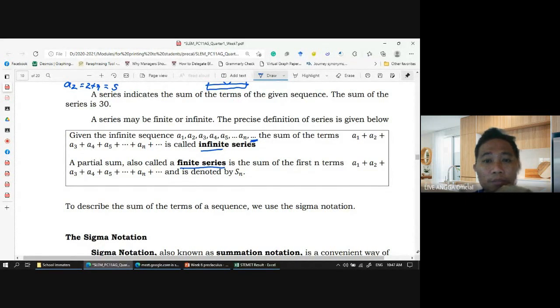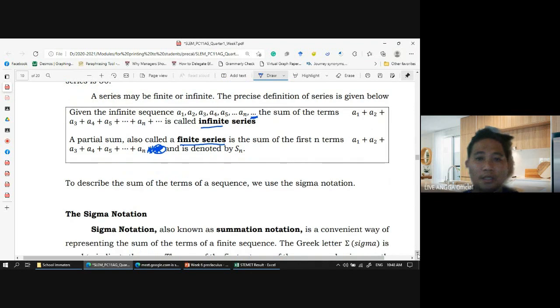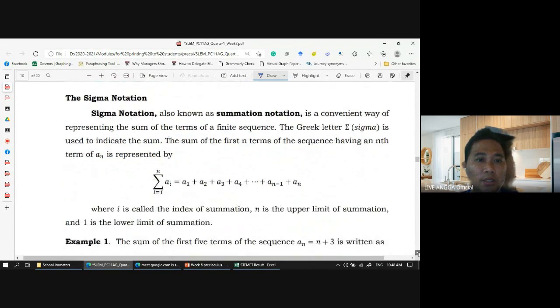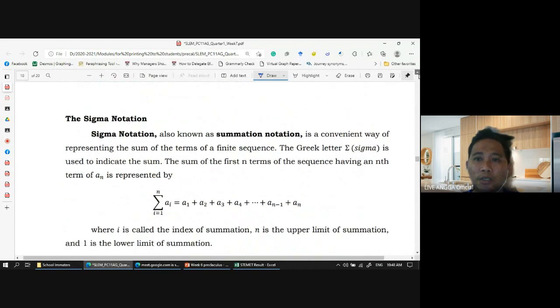Finite, it has a limit. The partial sum is also called the finite series, the first n terms. So we proceed to the sigma notation.